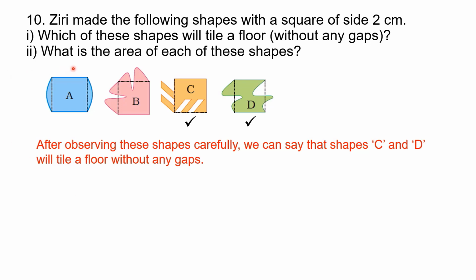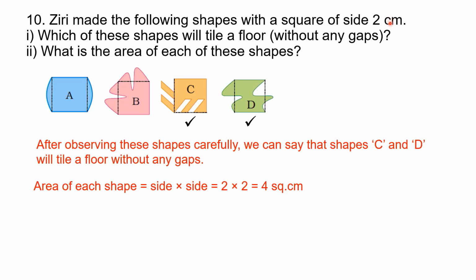Let us find out the area of each of these shapes. Area of each shape is side multiplied by side. Since these shapes are made of a square of side 2 centimeters, the formula for area of a square is side multiplied by side.